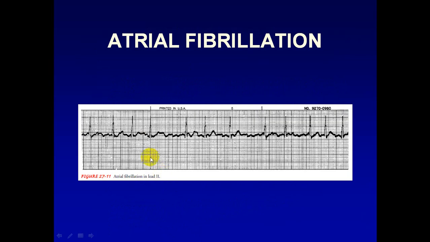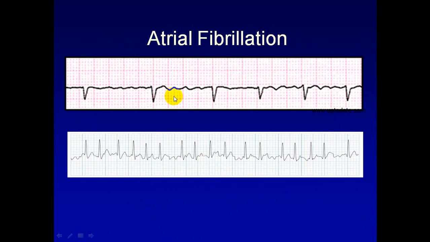This is again the baseline, a little coarser than the previous. There is no P wave, no PR interval, and the RR interval is quite different from one peak to another. It is irregular. There is no P wave, no PR interval, and a normal QRS complex. The rate we can calculate by counting 15 squares and multiplying by 20.